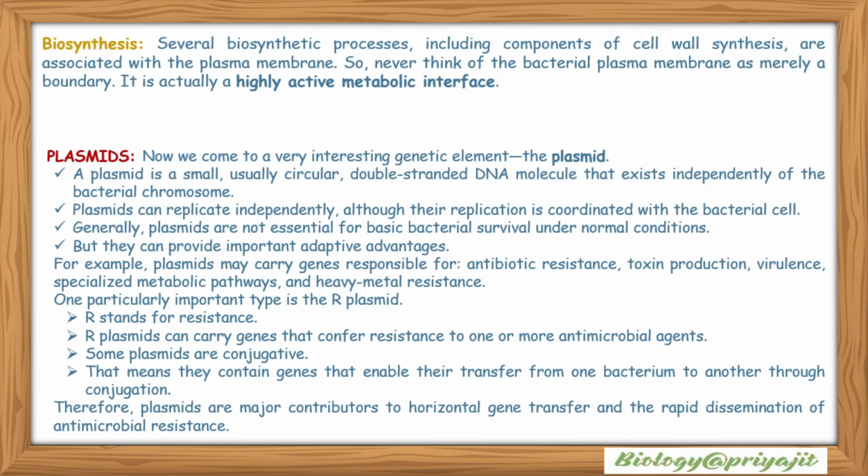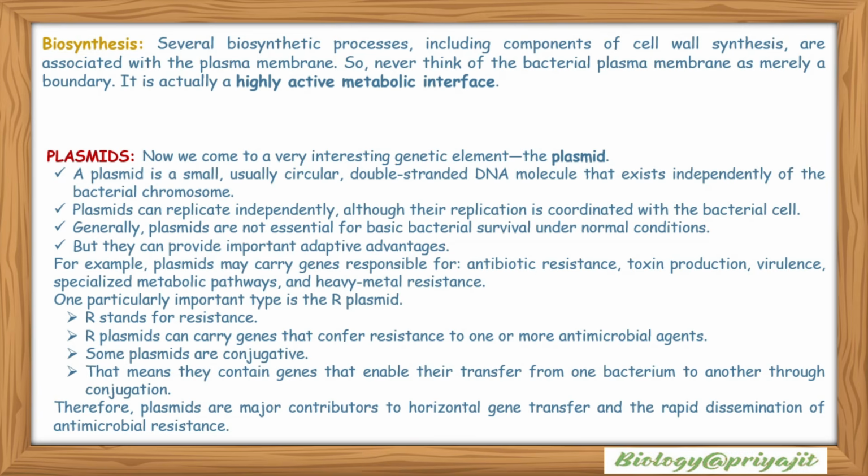Plasmid is an extrachromosomal genetic element within bacteria, a small circular double-stranded DNA that exists independently of the bacterial chromosome. They can replicate independently. Their replication is coordinated with the bacterial cell. Generally, plasmids are not essential for basic bacterial survival under normal conditions, but they can provide important adaptive advantages.